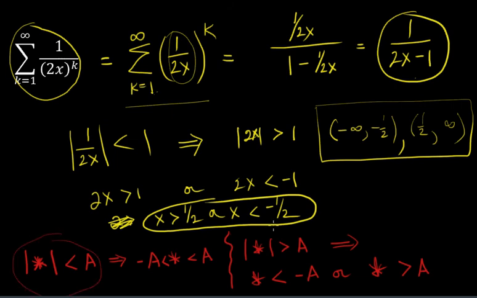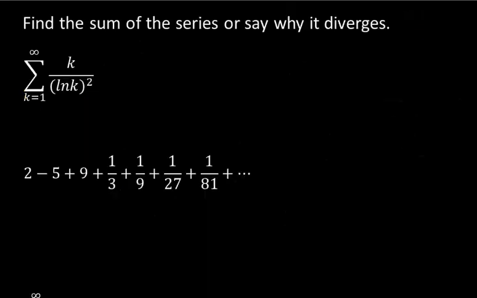So the first thing you do is you write your inequality in this form or this form, like I did up here, and then take off the absolute value signs. And you take off the absolute value signs always either this way or this way, depending on if it's less than or greater than.